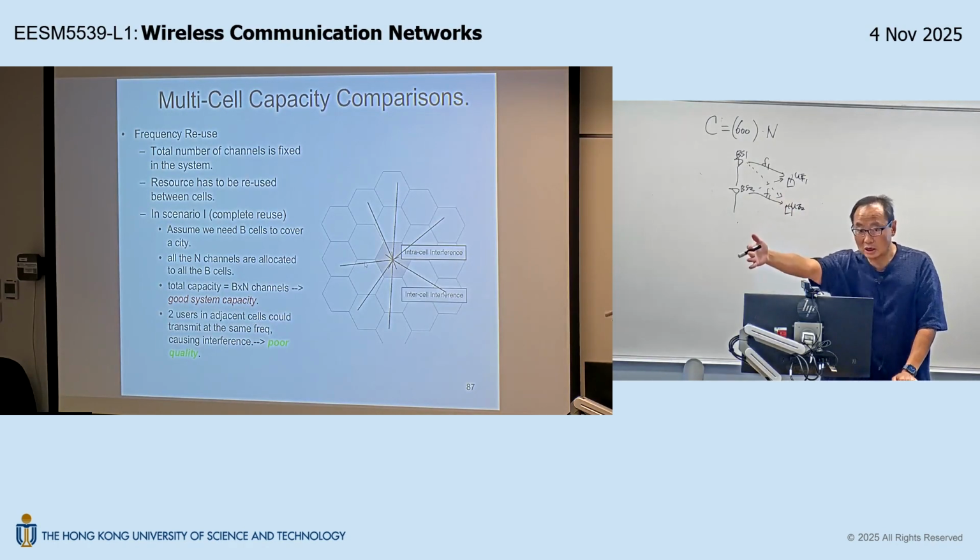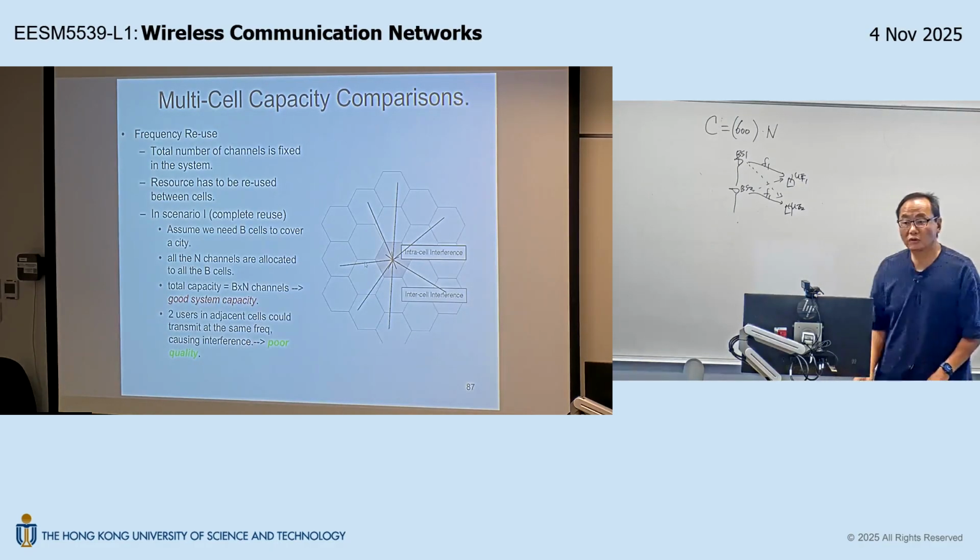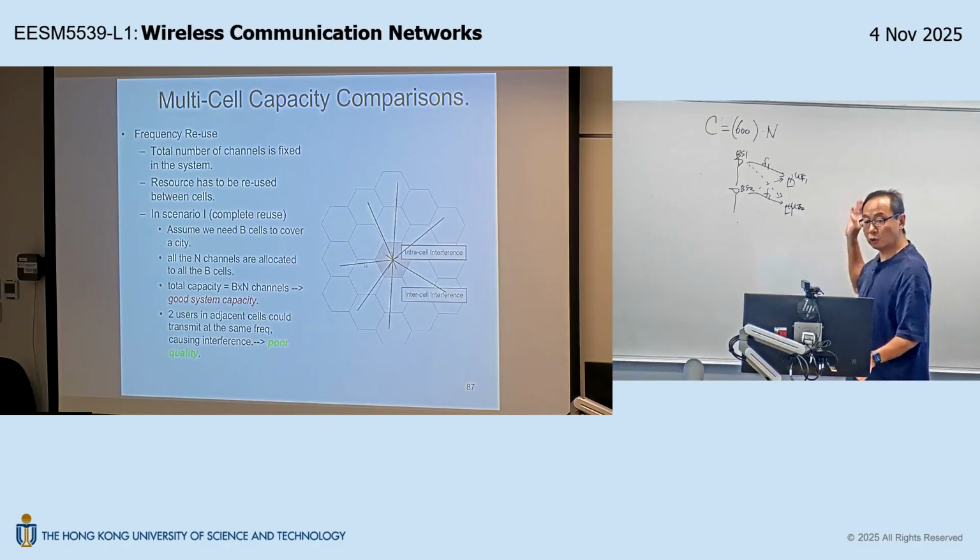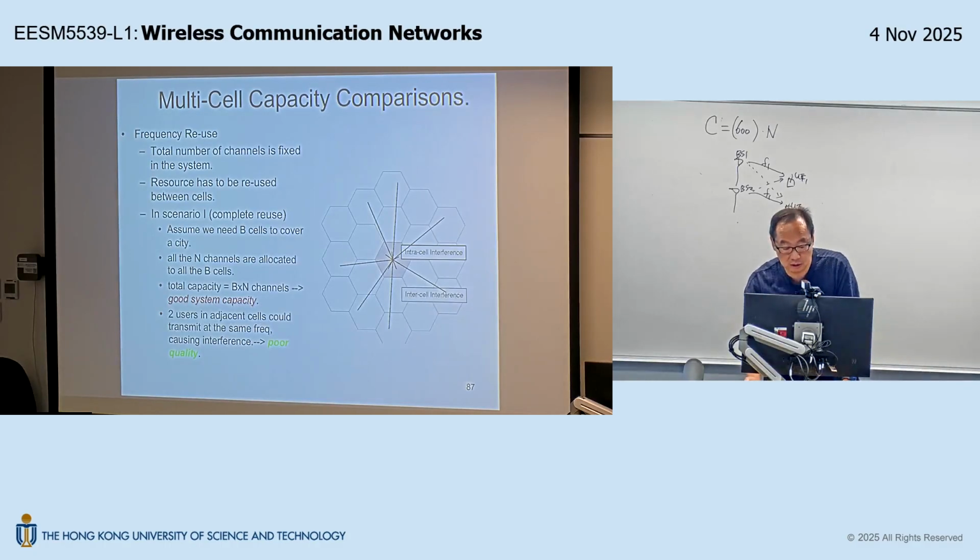Likewise, the right-hand side of the class, listening to the second professor's messages, will hear my voice as the crosstalk. So you won't be able to hear anything, right? Heavy interference. So in this extreme scenario, the complete reuse scenario, you will be very unhappy. You have poor quality of service, right?